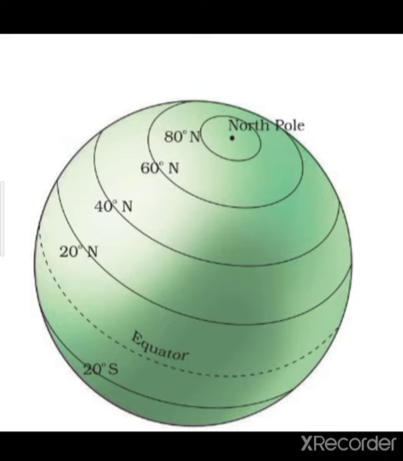The globe rotates from west to east. These are the important points. The equator divides the upper portion and lower portion. The upper portion is called the northern hemisphere, the lower portion is called the southern hemisphere. The upper portion in the north side is divided into 20 degrees, 40 degrees, 60 degrees, 80 degrees, and the north pole. And the equator is at 0 degrees.